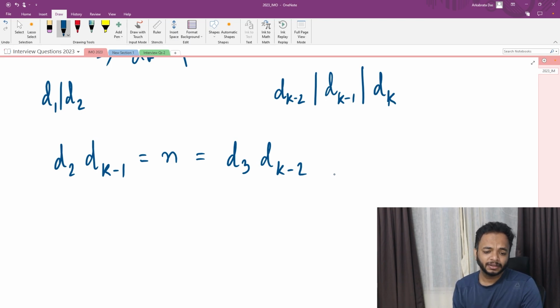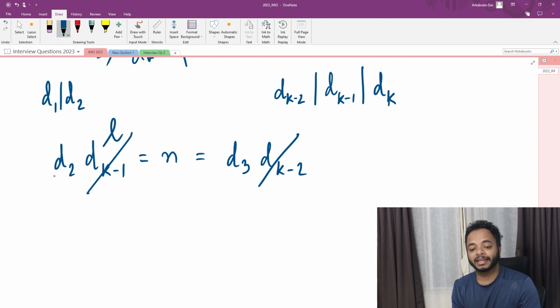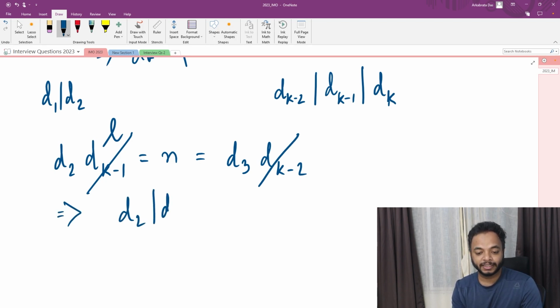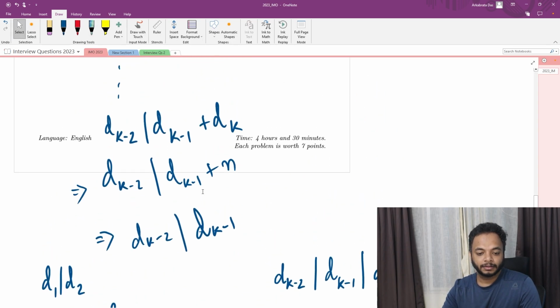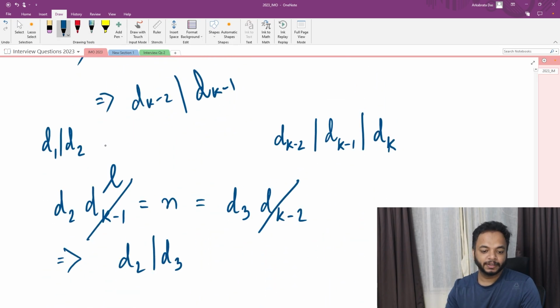Now we have this relation that d_(k-2) divides d_(k-1). Suppose d_(k-1) divided by d_(k-2) is L. Then d2 times L equals d3, which obviously implies that d2 divides d3.